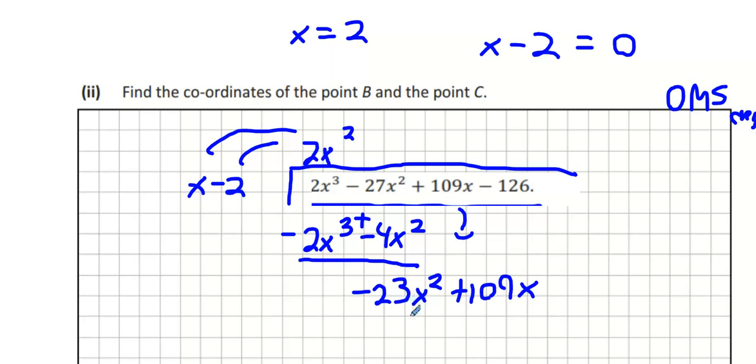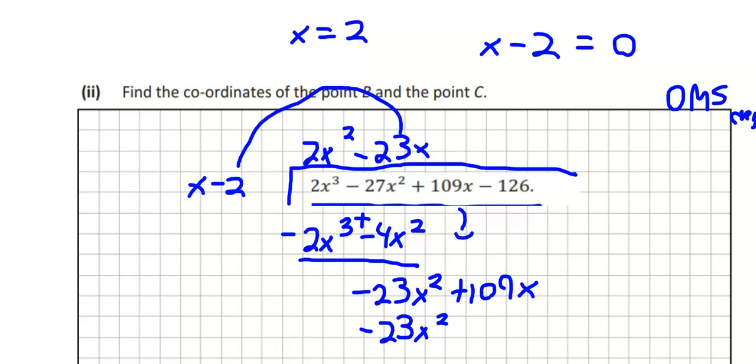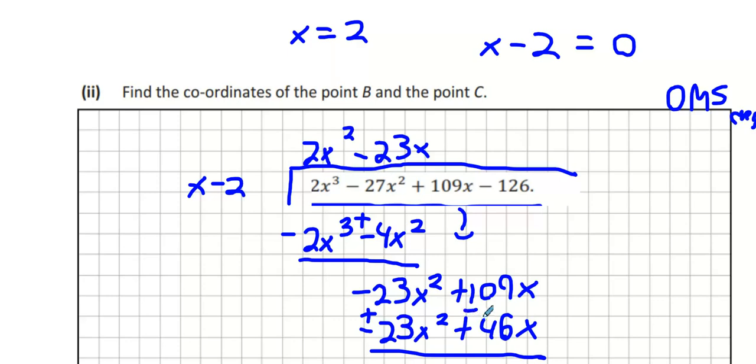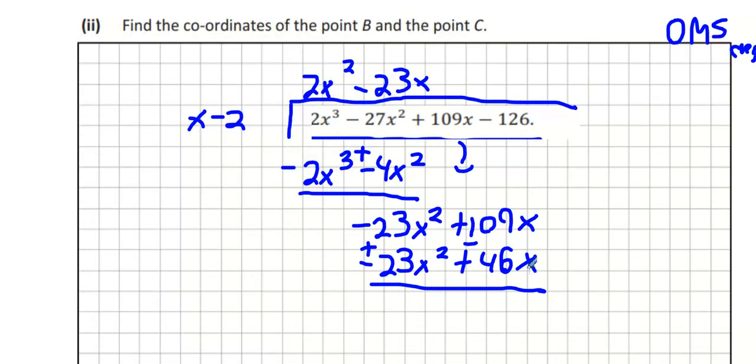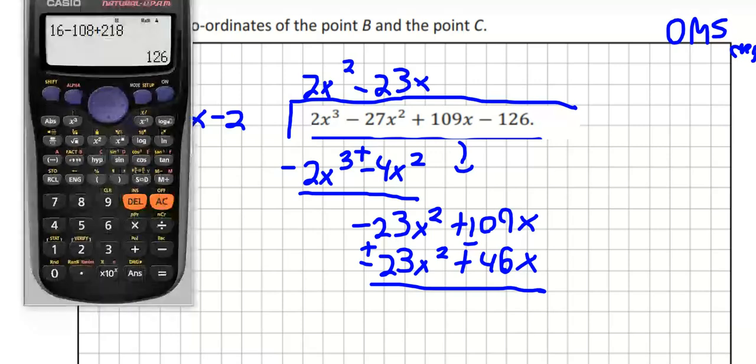So we're going to divide minus 23x squared by x. So that will give us minus 23x. We multiply. So we multiply minus 23x by x, and we get minus 23x squared. We multiply this minus 23 by the minus 2 to get plus 46x. Then we subtract, and 109 minus 46 is going to be 63.